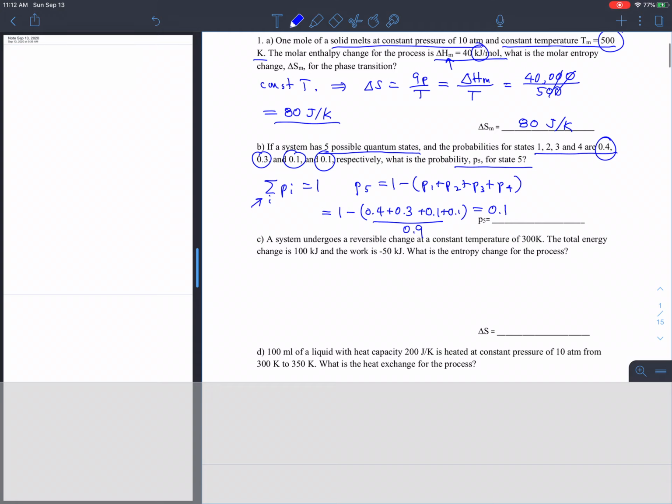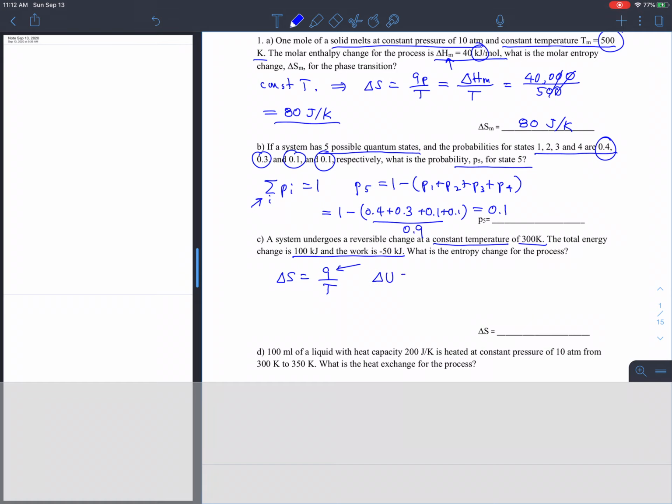Part C. A system undergoes a reversible change at a constant temperature of 300 K. The total energy change is 100 kilojoules and the work is minus 50 kilojoules. What is the entropy change for the process? So constant temperature, again, that means delta S is equal to Q over T. We need Q in order to do that calculation.